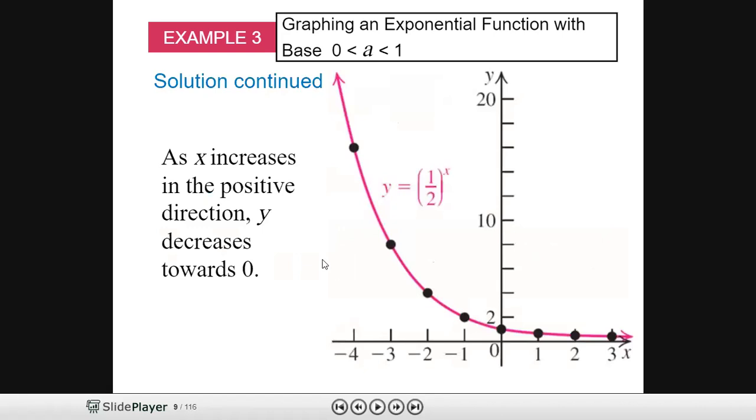So from here you can see, look at this, a lies between 1 and 0, that's a half. And as x increases in the positive direction, y decreases towards 0. So here you can see that y is equal to half raised to the exponent x. If you are putting zero, you are getting this. And if you are moving to the right of 0, that is the positive values over here, this graph is coming down.